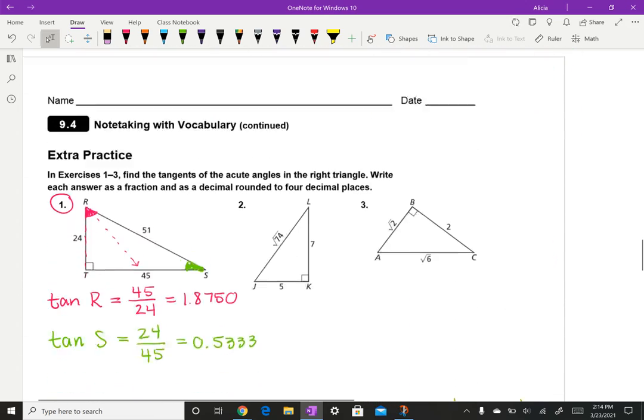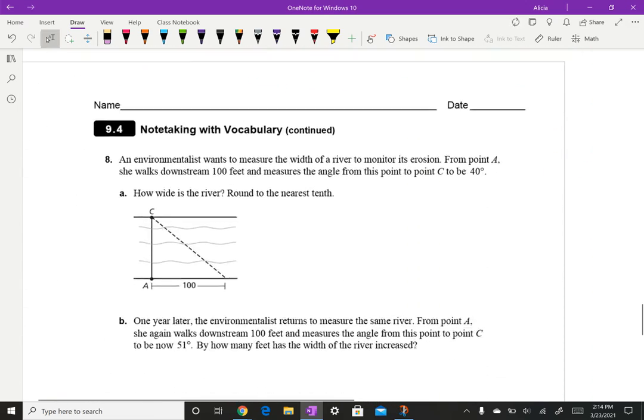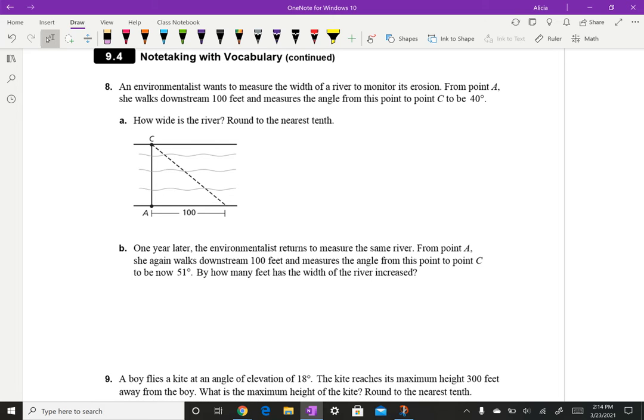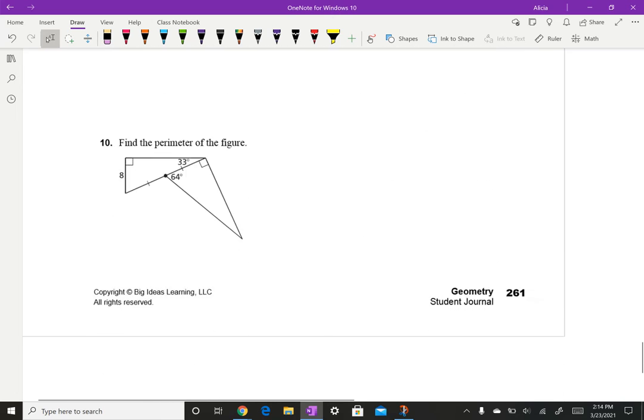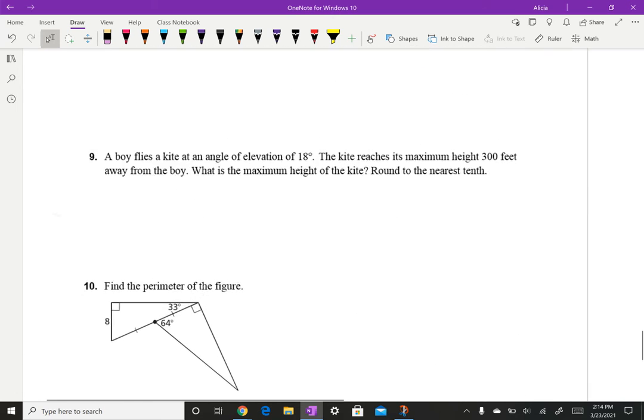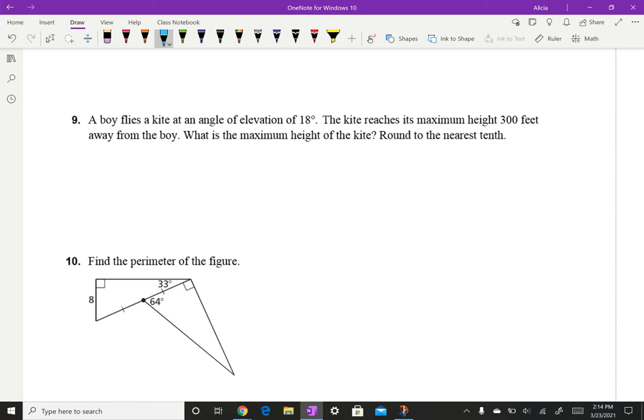Okay, so let's do an example. You're going to turn to page 261. We're going to look at number 9. It says a boy flies a kite at an angle of elevation of 18 degrees. So here we see angle of elevation in our problem. This is also going to be really important to remember.